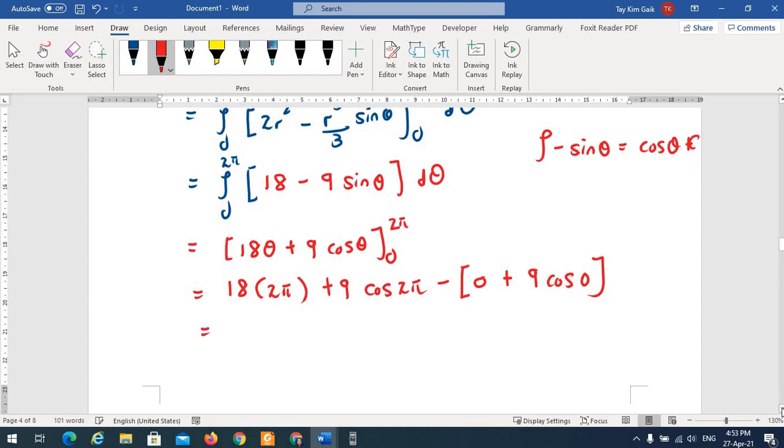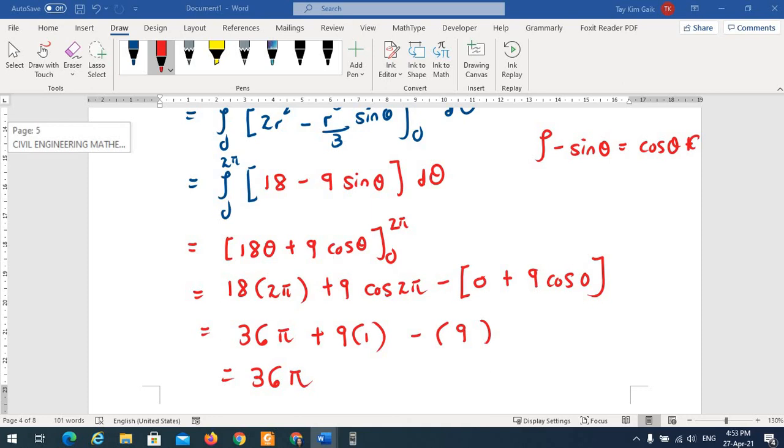Cos 2 pi is actually 1, and cos 0 is actually 1. So positive 9 minus 9, that's why the answer is 36 pi. Answer is 36 pi.